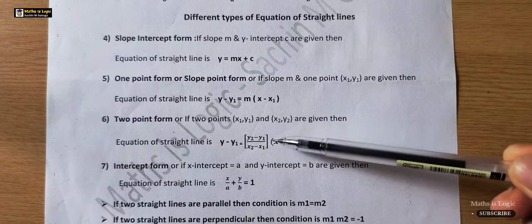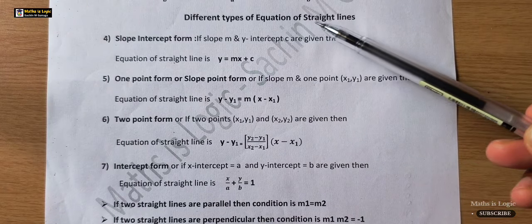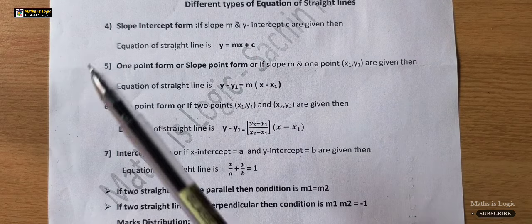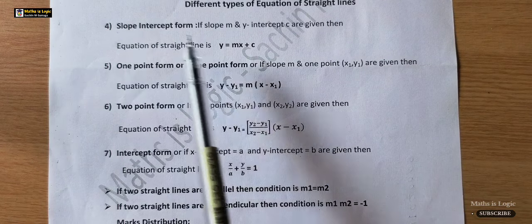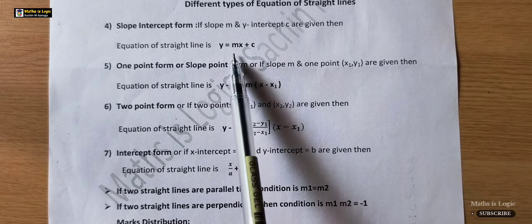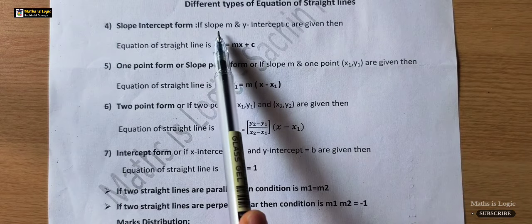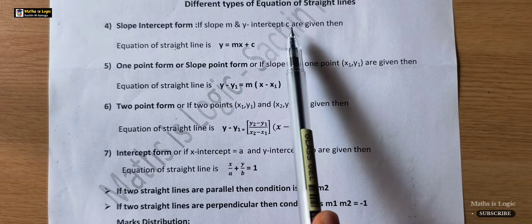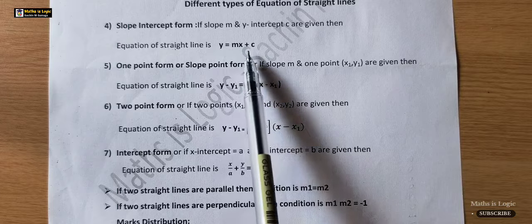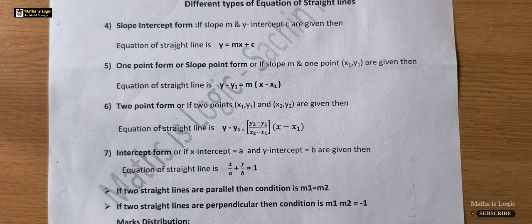All these four are equations of straight lines, but for different conditions. The first formula is y equals mx plus c. When you need to apply this formula, they will mention the slope m value and the y intercept c value. That time the equation of the straight line becomes y equals mx plus c.